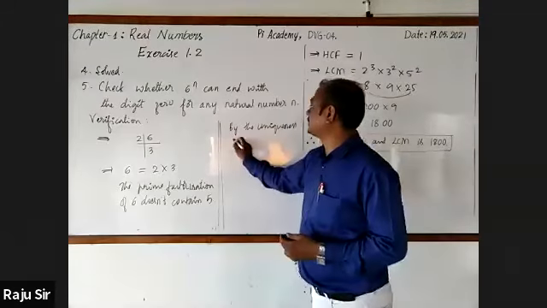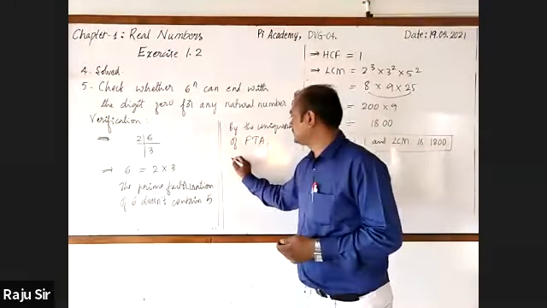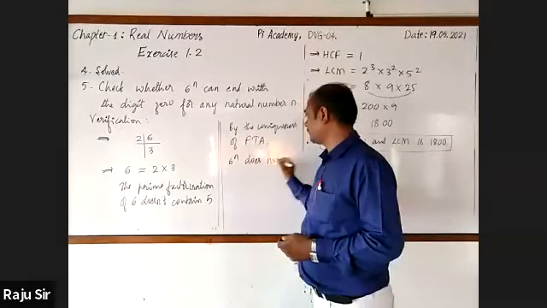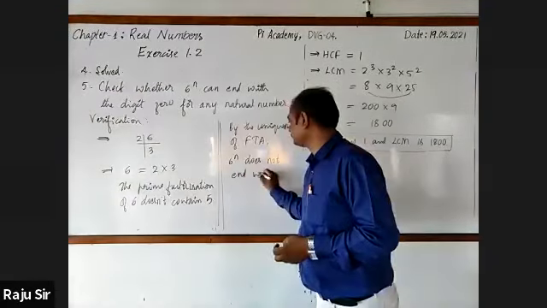By the uniqueness of the fundamental theorem of arithmetic, 6 raised to the power n does not end with 0.